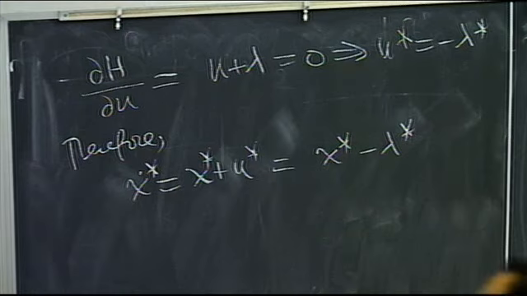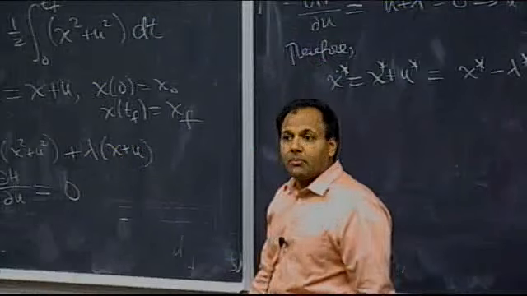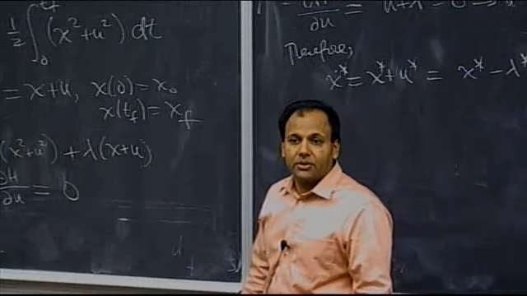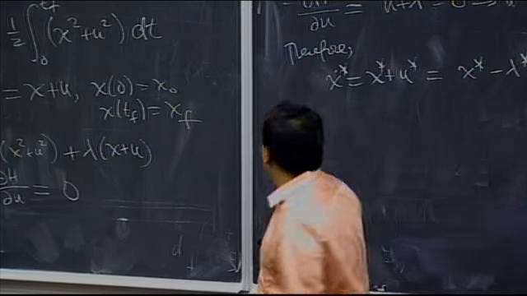So I know that. What's next? What else do I have to do? Am I done? Have I solved the problem? No. What else do I have to do? The costate dynamics. Costate dynamics.